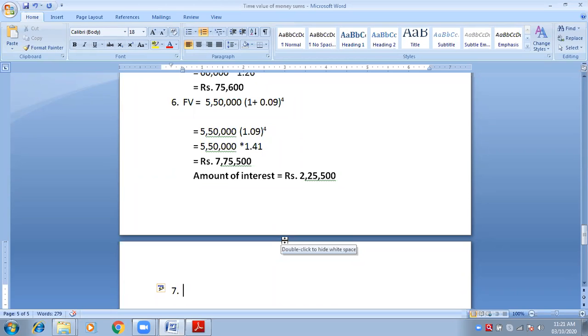Write down the next sentence. At the end of the fourth year, the maturity value of the amount is 6,25,000.